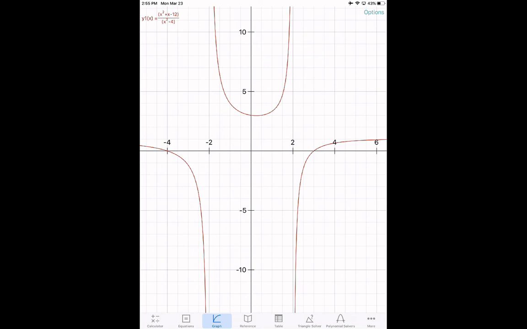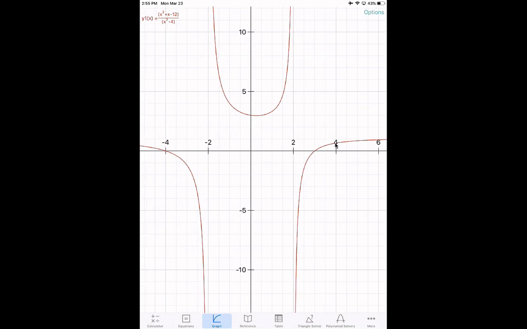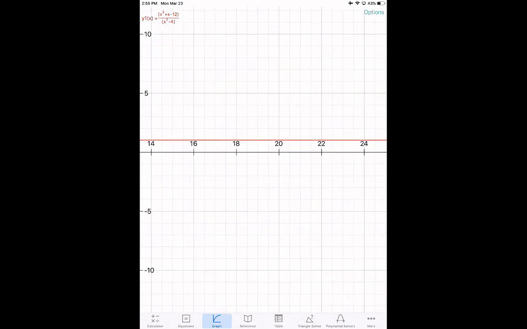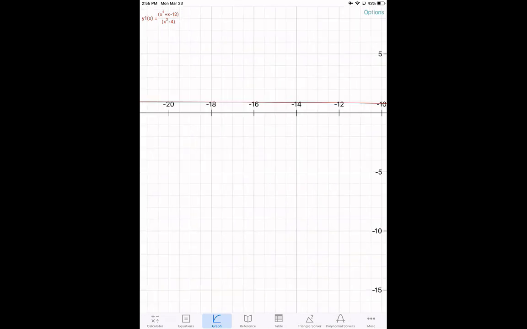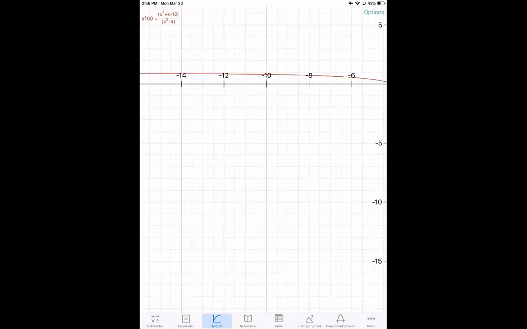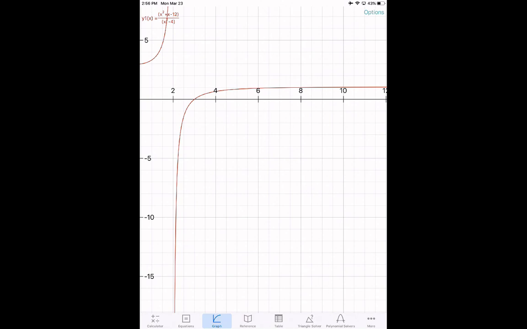So once we do all the algebra to find all those important pieces, use the graphing calculator to plug in the rest of the information. So you do see we go through 3, 0 here, -4, 0 here, and 0, 3. We have these asymptotes here, -2, +2, and at +1, you can see my graph is going to stay there at 1 on the far right, and on the far left, my graph is going to stay there at 1 as well. Okay, so let's go ahead and plug that in.